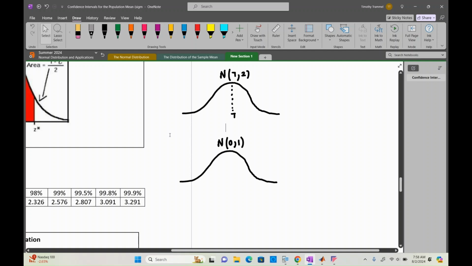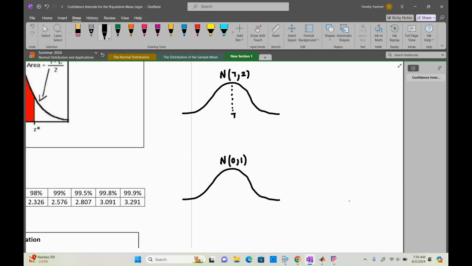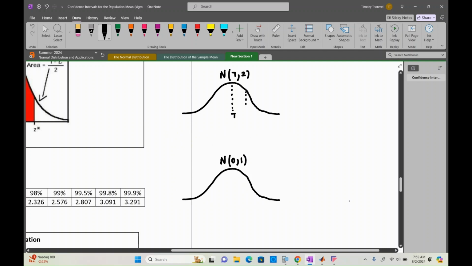If you were to count 2 units to the right, that would be 1 standard deviation above, and we have 9. If you were to count 2 to the left, that'd put us 1 standard deviation below the mean, so that'd be 5. And you could label another one if you wanted to: here's 3, and then 11.